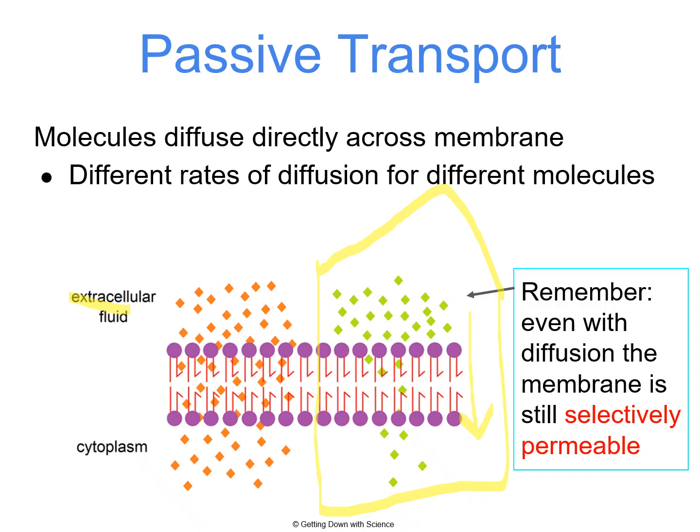Temperature can increase the rate at which particles diffuse. Because our unit 2 is all about cells, always remember that we're describing this in the context of the cell membrane. So diffusion occurs across a selectively permeable membrane.